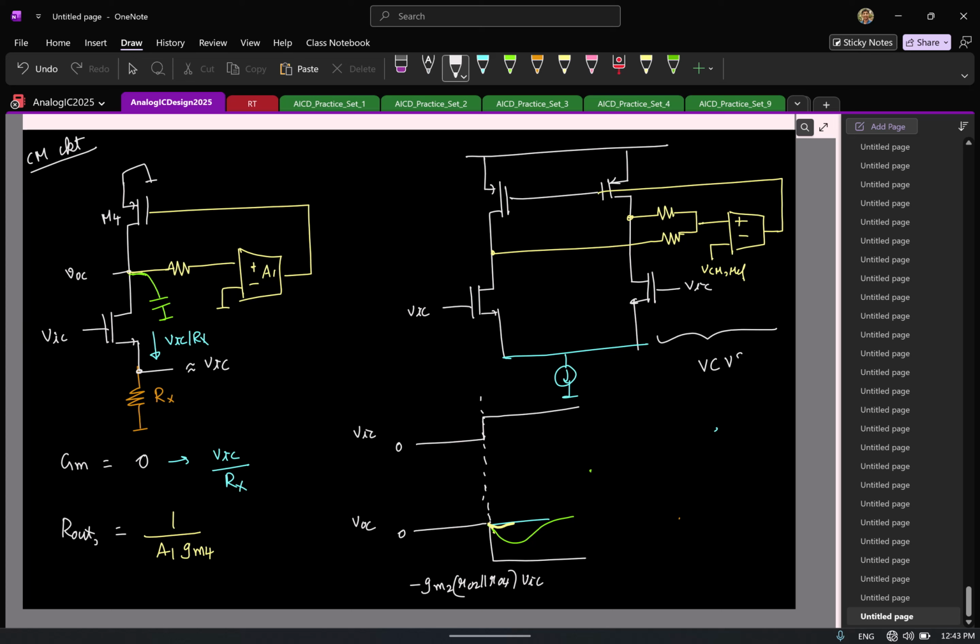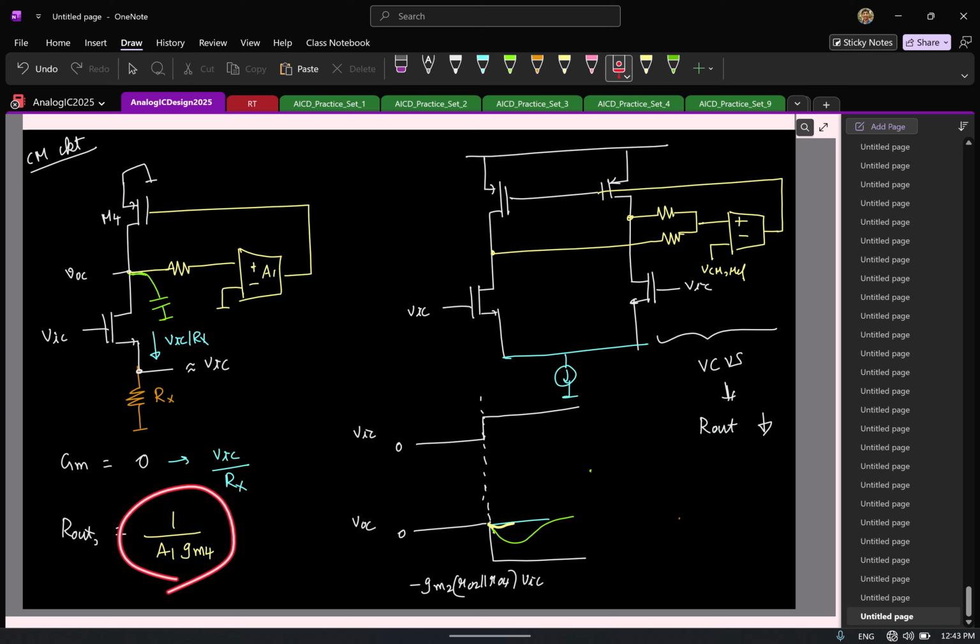Voltage controlled. So this is basically trying to make this into a better voltage controlled voltage source. So what can you say about the output resistance? Will it be smaller or larger? It's a voltage source at the output, so the output resistance will decrease. So that's why you see that the output resistance is decreasing.